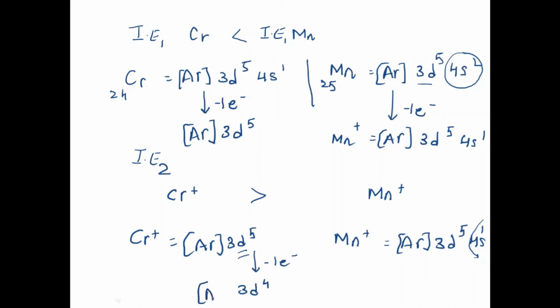Chromium doesn't want to become unstable, so a large amount of energy will be required to remove this one electron from the d orbital. That is the reason why the second ionization energy of chromium is greater than that of manganese. Same way, if you talk about ionization energy 1 for copper and ionization energy 1 for zinc, that of zinc is greater than that of copper.